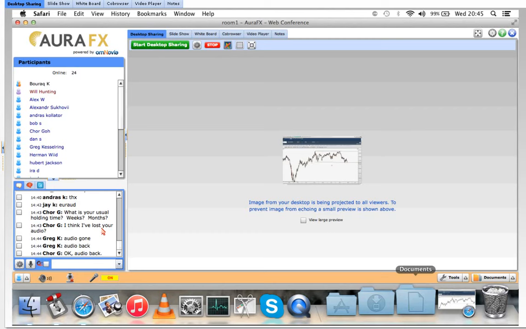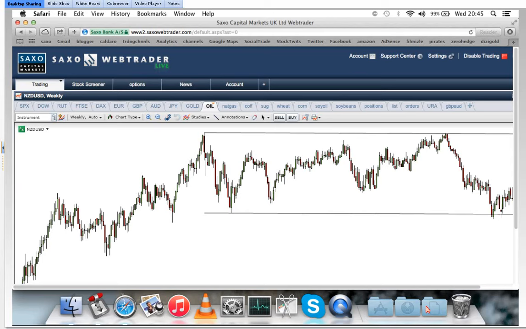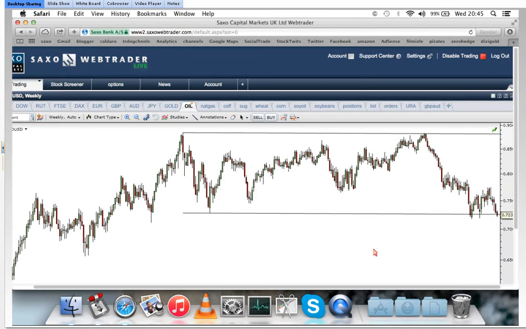My usual holding time, it changes, but not months. Weeks, yes. Days, yes, but not months. Sometimes 2 days, 3 days, but on average maybe 1 week, 2 weeks, but not months.